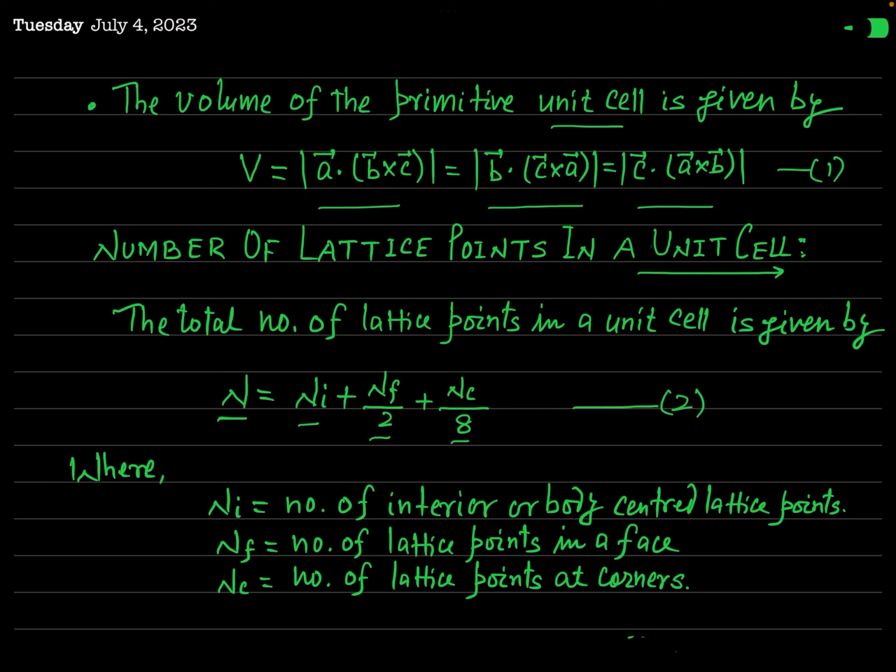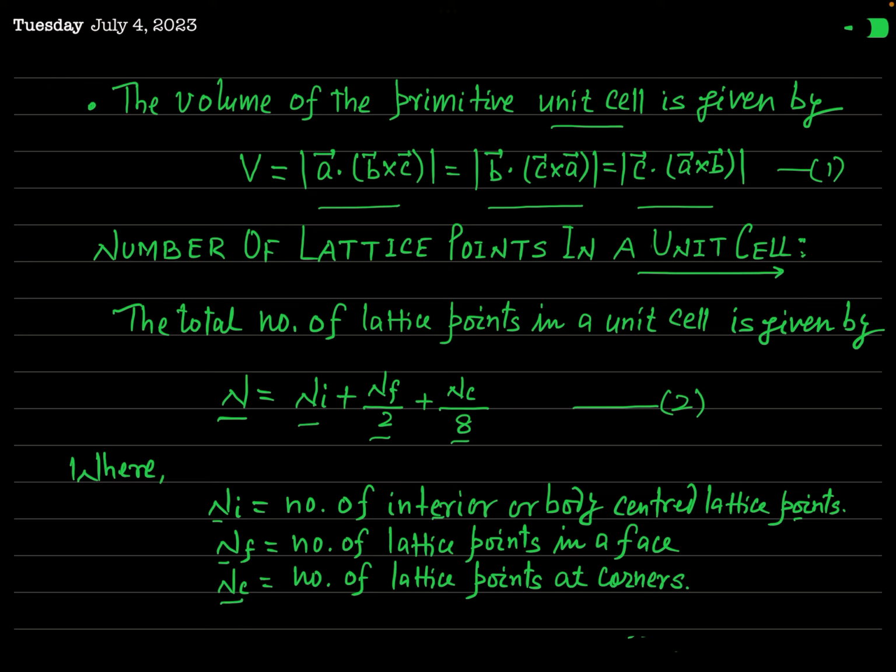Here Ni represents the number of interior or body centered lattice points. It means Ni represents the number of lattice points in the interior of the unit cell. And Nf represents the number of lattice points in the face of the unit cell.